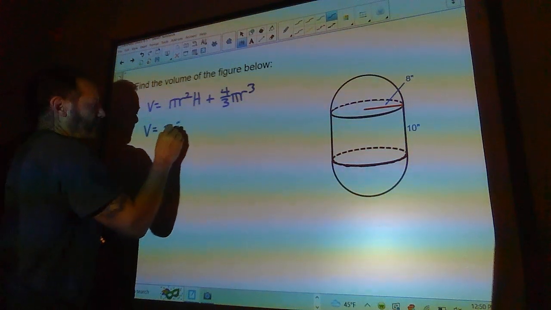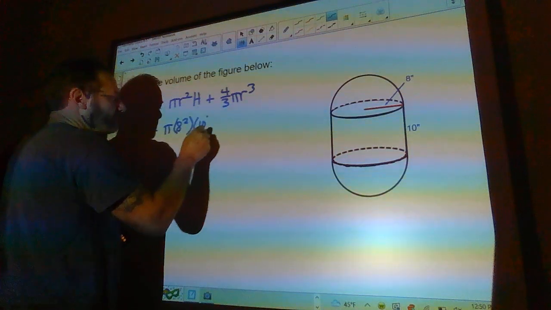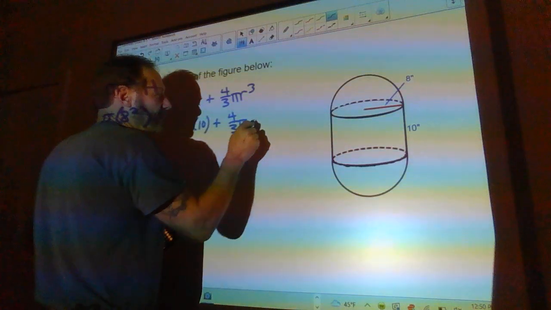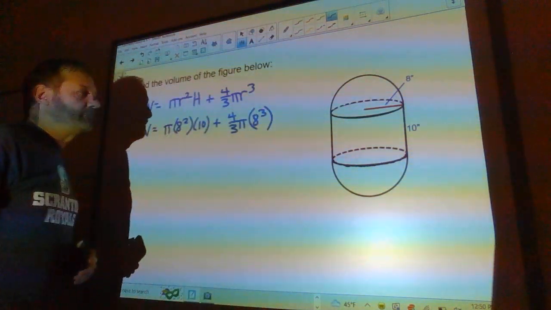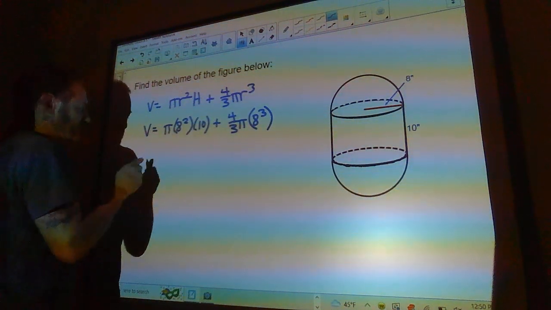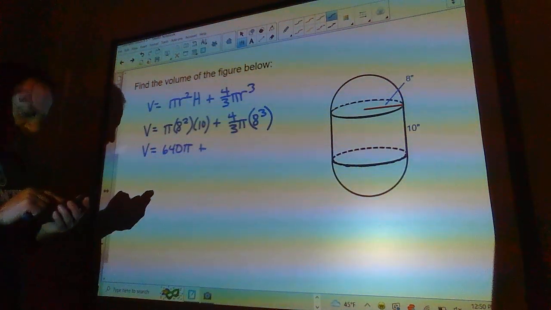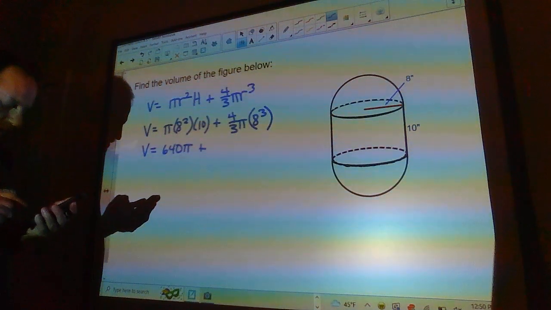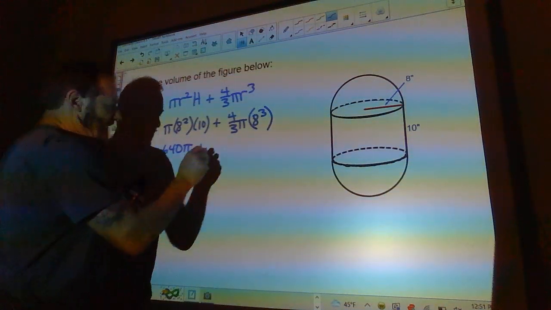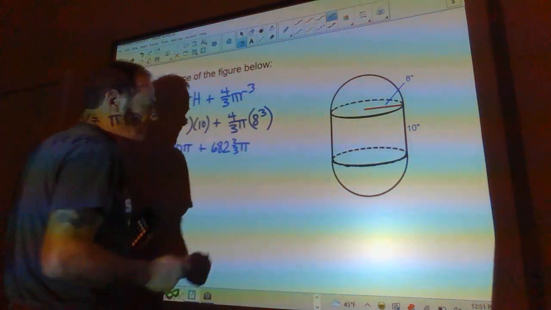Okay, so very simple to do. The radius is 8, so pi times 8 squared times 10 gives me the volume of the cylinder, and then 4/3 pi times 8 cubed gives me the volume of the sphere. Okay, so let's see, this is 64 times 10, 640 pi plus 8 cubed, 512 times 4 divided by 3, that's 682 2/3 pi.